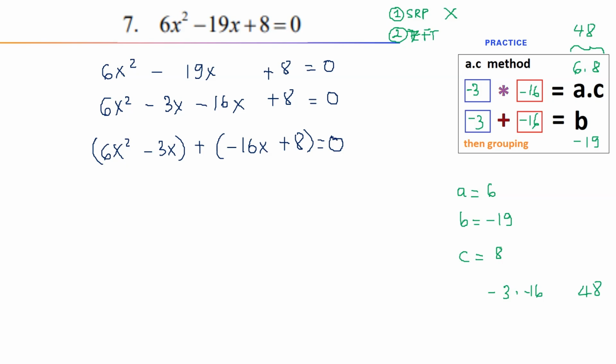The first group, 3x in common. 2x minus 1, 3x times 2x is 6x squared, minus 1. Okay, for the second group I take negative 8 out.